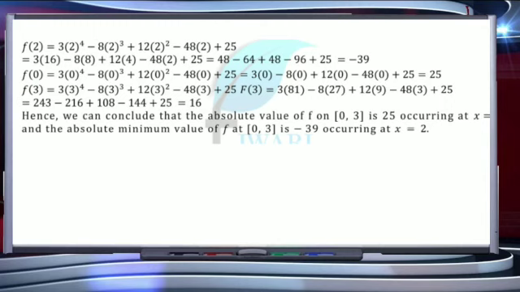At 0 we are obtaining 25. Whereas at 3 we are getting 16. Students, it is clear from here that the maximum value is 25, which we get at 0, whereas the minimum value is minus 39, which is obtained at x equal to 2.